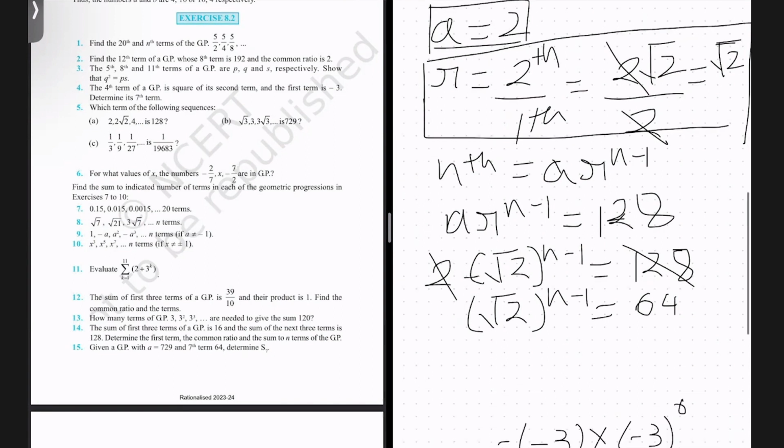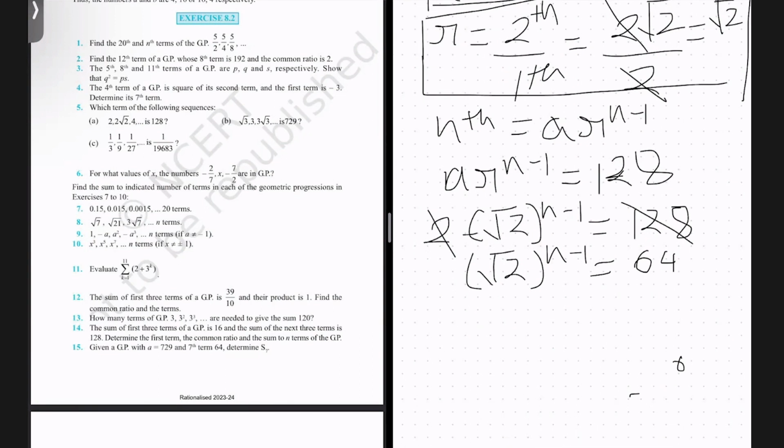Proceeding further, we now have root 2 to the power n minus 1 equals 64. Let us convert the RHS and express it as a power of root 2. 64 can be expressed as 2 raised to the power 6.